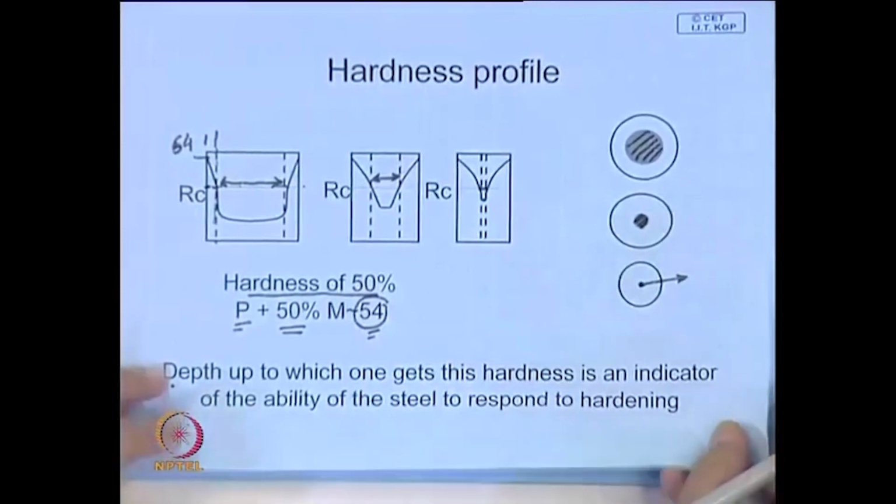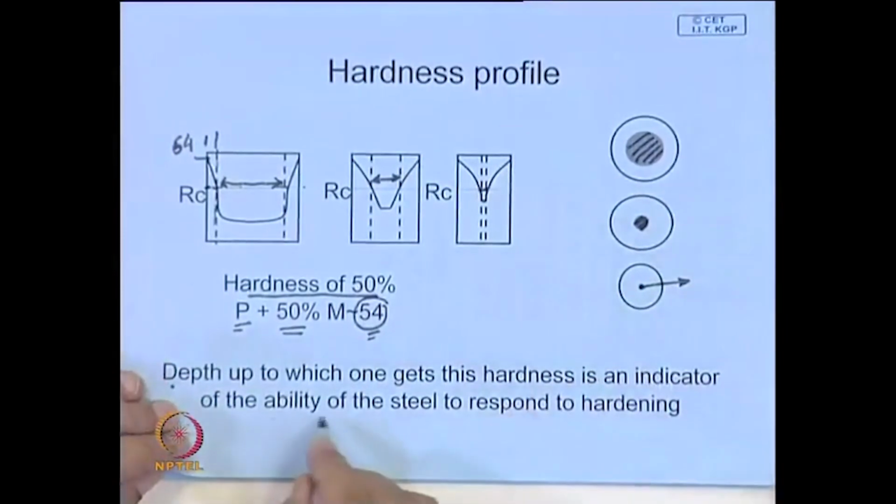Or you can say this depth of hardness is an indicator of the ability of the steel to respond to hardening, and this may be one of the definitions of hardenability.